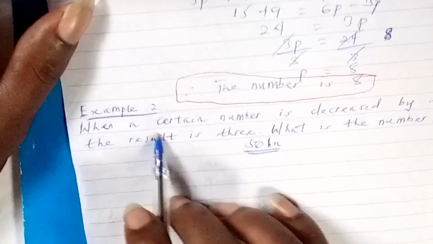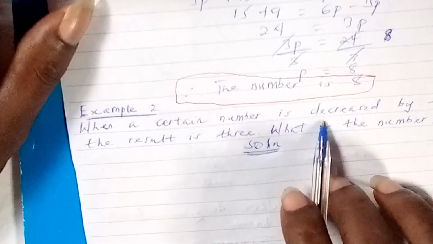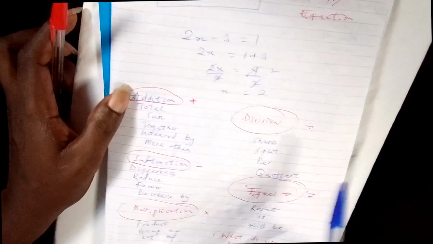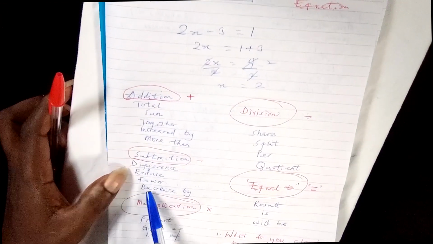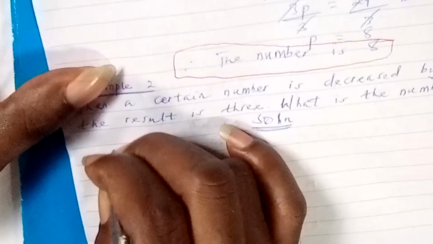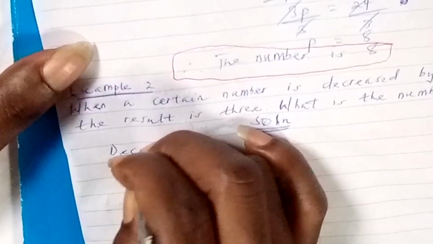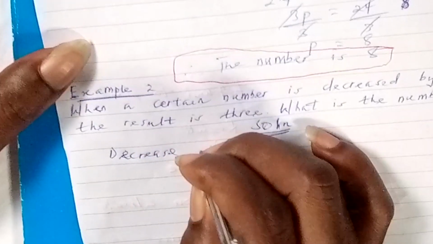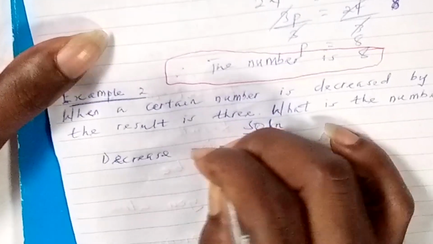We could see, when a certain number is decreased. So the word decrease here means what? If you trace it from this section, decrease, then decrease by, that is subtraction.